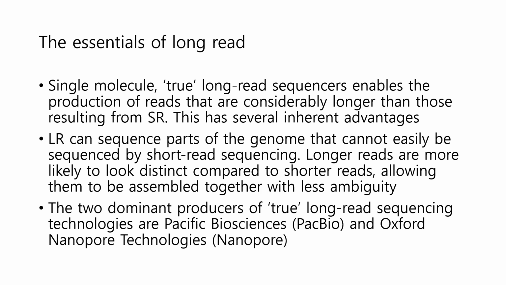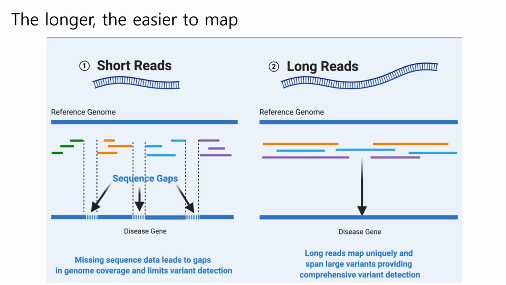Long-read sequencing has some advantages over short-read sequencing in mapping. Usually, the longer the read, the easier to map. You can see the difference between short reads and long reads. If you use short-read sequencing, there can be more chances of missing sequence data.